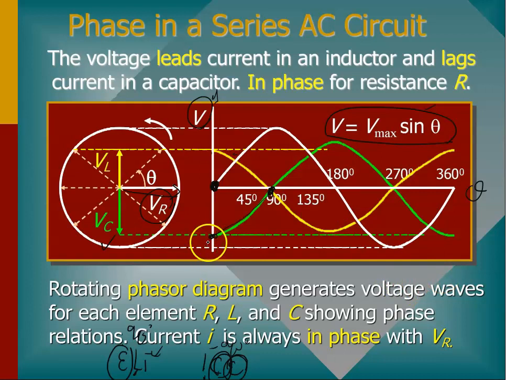So one more point in this graph is, as you can see over here, the maximum value of voltage for resistance is actually very high compared to these two. Okay, this is due to the influence of frequency.